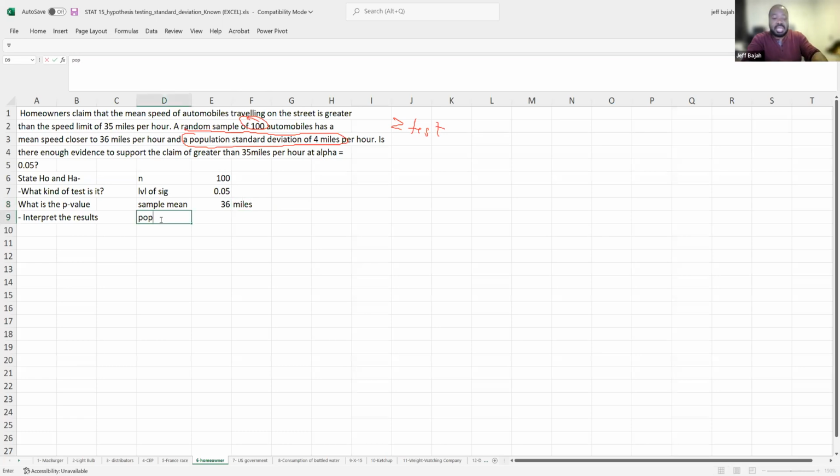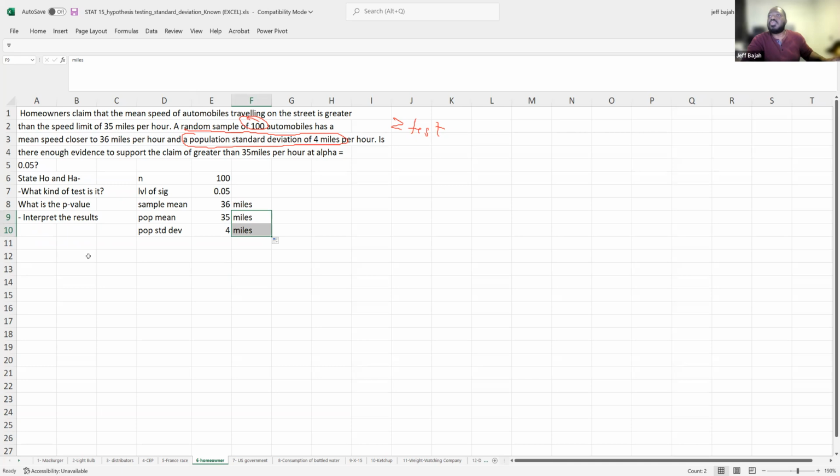Our population mean here is 35, which is also in the question. And one last thing, our population standard deviation is given as 4 miles.